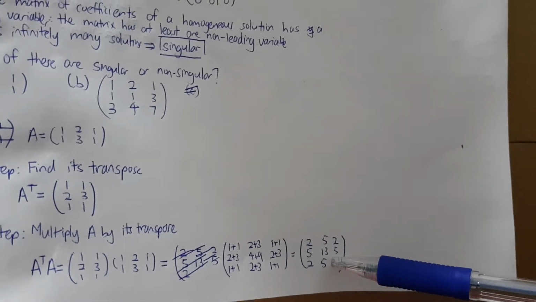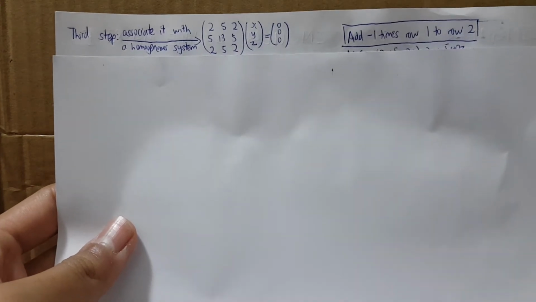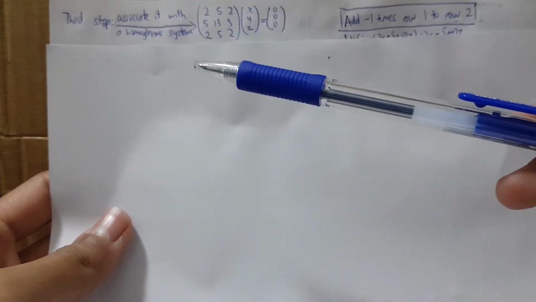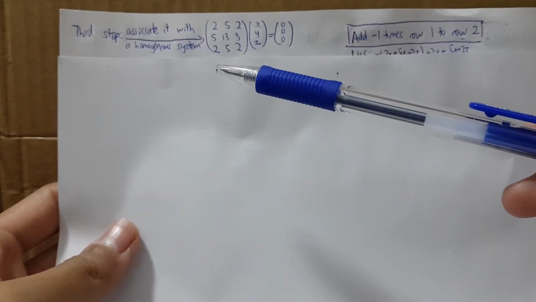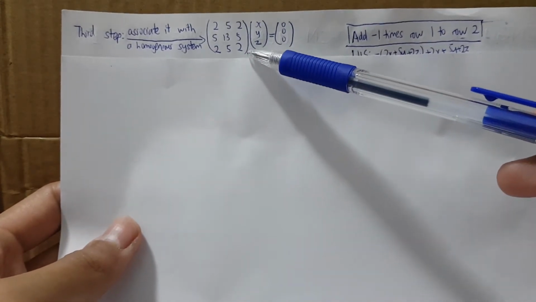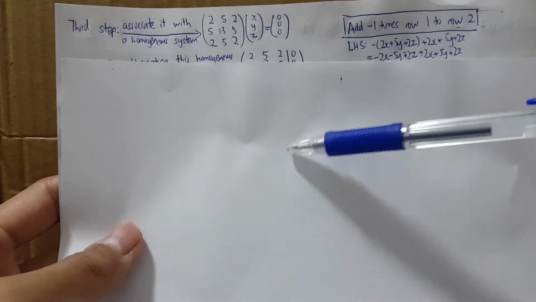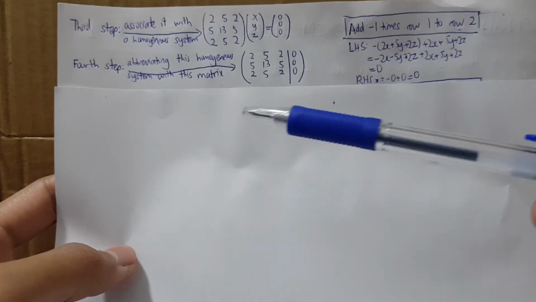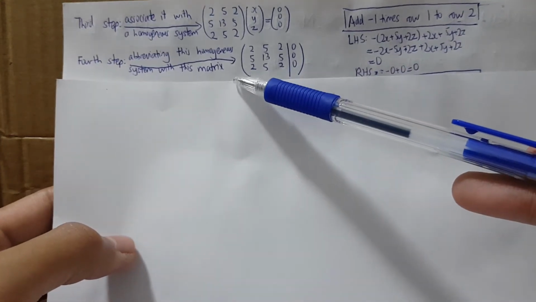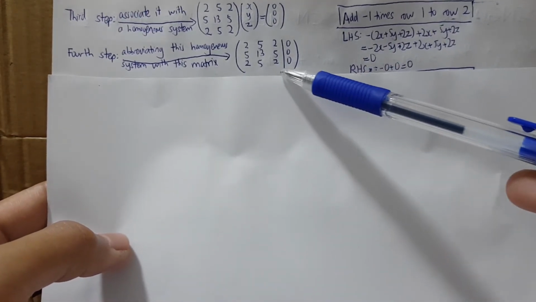And after this, we associate it with a homogeneous system since it's already a square matrix. Hence, this is ours. And after this, we abbreviate this homogeneous system with this matrix.